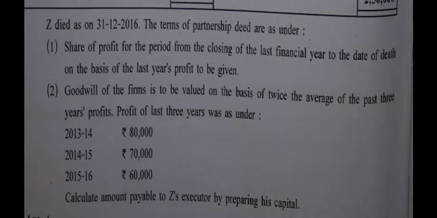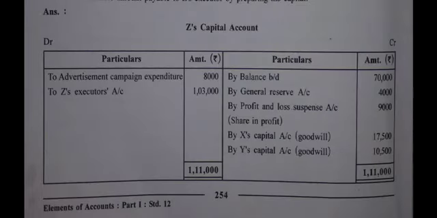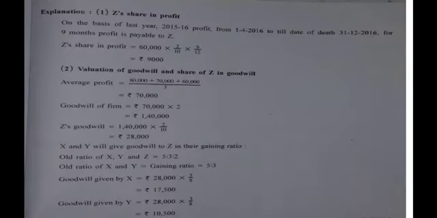They have simply instructed that you should prepare Z's capital account so that you can calculate the amount payable to Z's executor. Simple. So this is the capital account of Z. And here you have the necessary working notes. The sum is quite short.